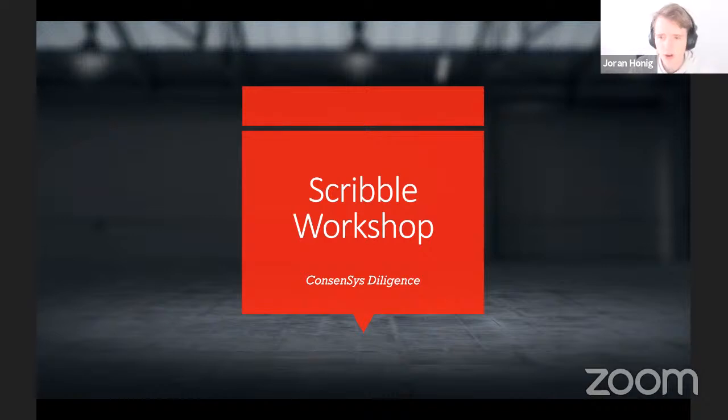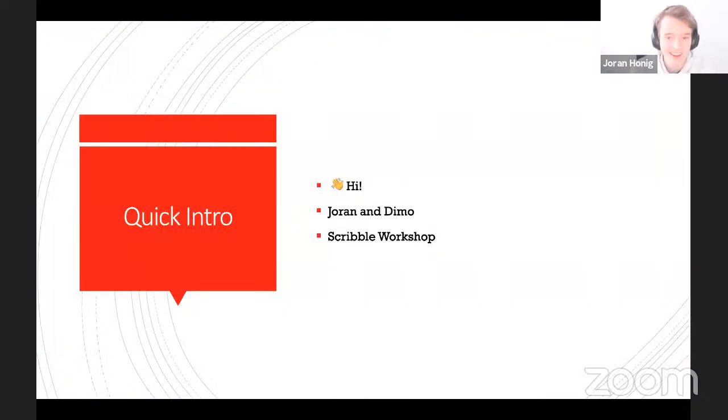So in short, it's going to be a Scribble workshop. And a real quick short intro. I'm going to be doing the presentation and my name is Johan. We are from Consensys Diligence and we essentially built this tool, and we think it can bring a lot of value to smart contract development and smart contract testing.